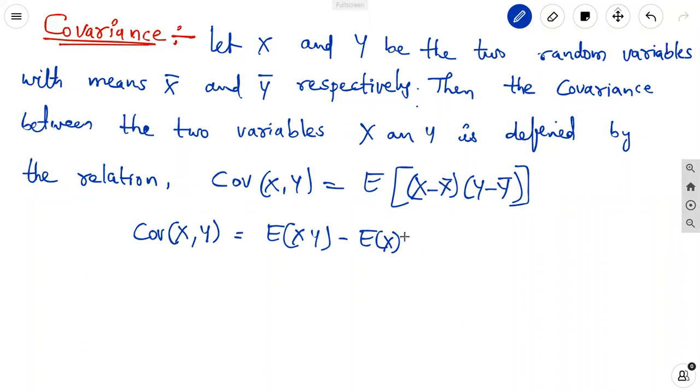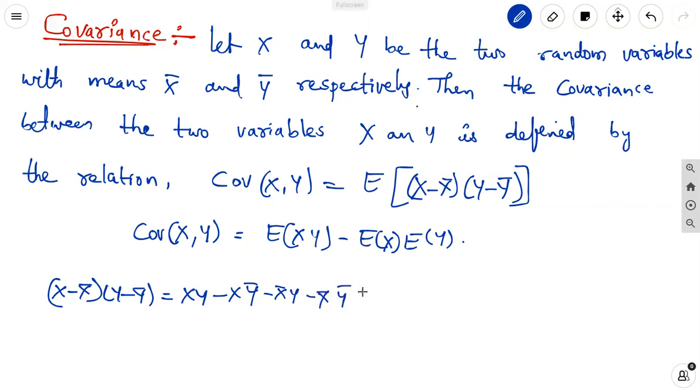Here we can just take the multiplication: (X minus X bar) into (Y minus Y bar) is equal to XY minus XY bar minus X bar Y plus X bar Y bar.